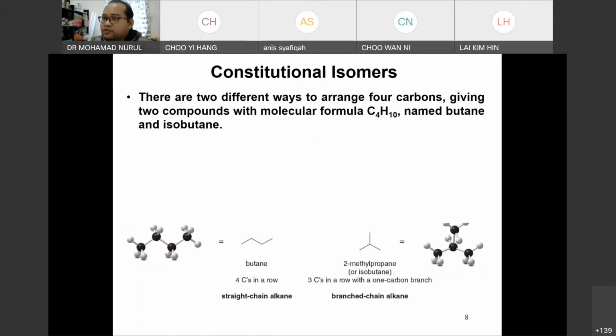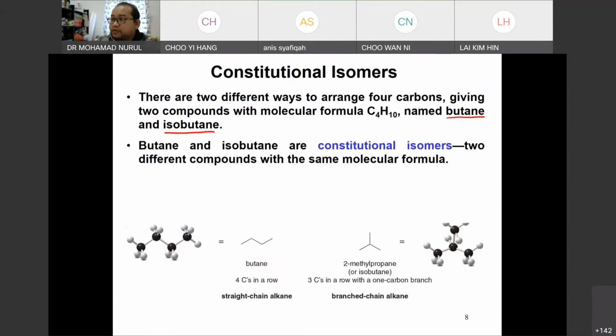So for constitutional isomers, okay, there are 2 different ways to connect the carbons, how you can draw the butanes. First we can name it butane. The second one is isobutane. This is what we call constitutional isomers, or in Malay we call isomer kedudukan. So okay, they have 2 ways to draw it. This is the first one, A, with the long straight chain of alkanes.